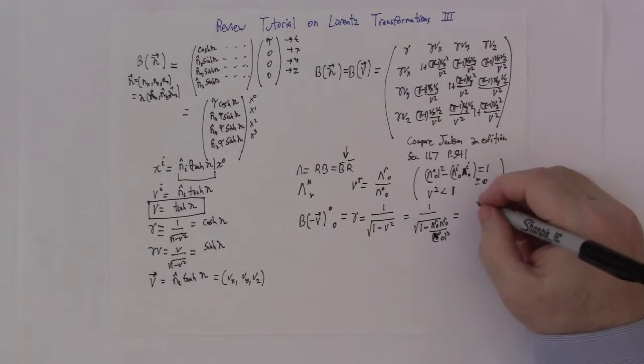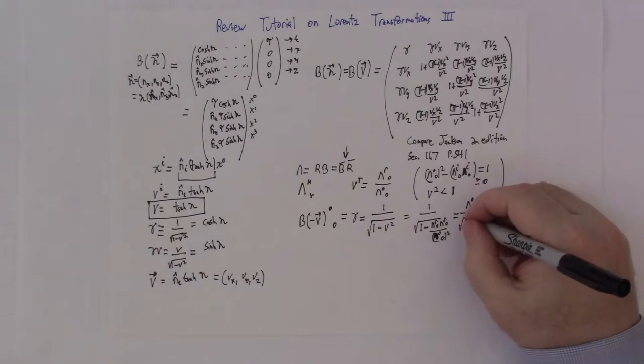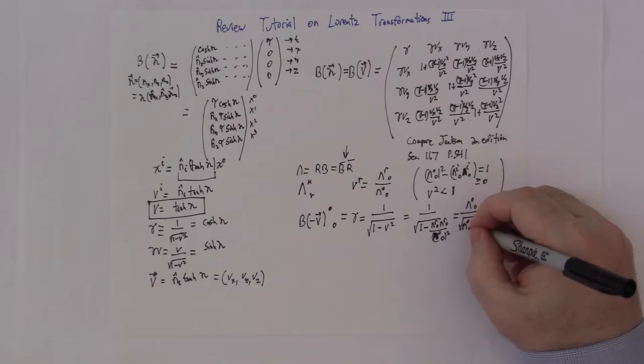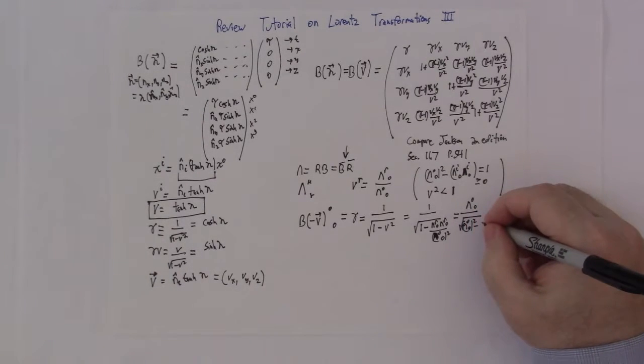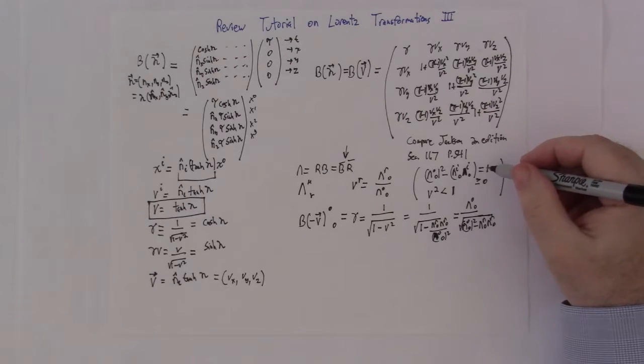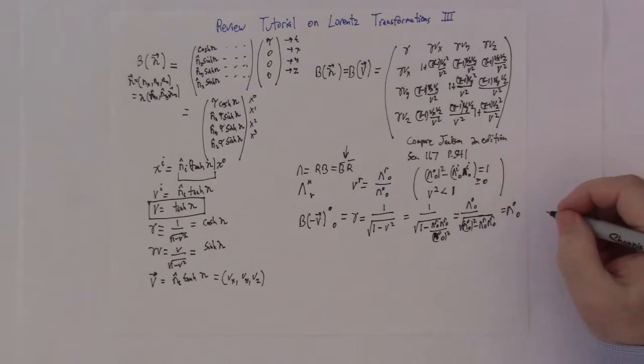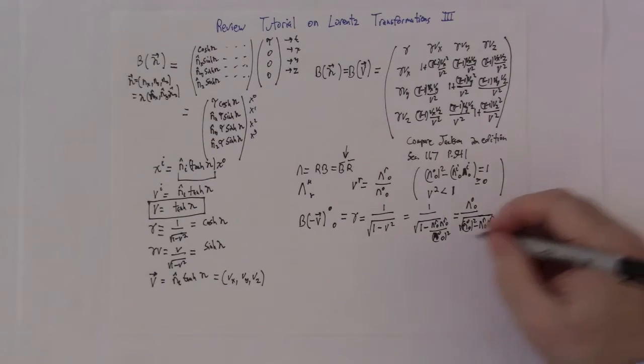And this is equal to lambda 0, 0 divided by the square root of lambda 0, 0 squared minus lambda r0 squared. And using this equation again, only now we'll use the actual equation where it's 1, this is equal to lambda 0, 0. Okay, that's good.